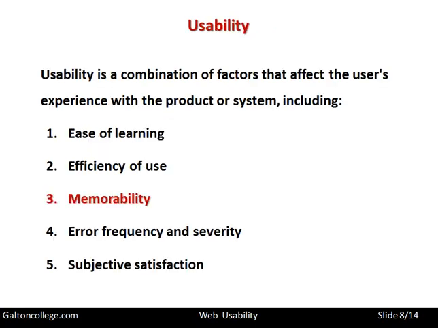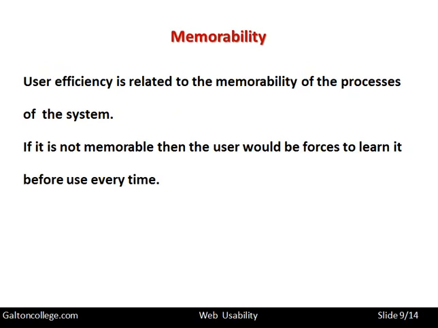Memorability. Well, the user efficiency, I should say, is related to memorability of the processes of the system. If it's not memorable, then the user would be forced to learn every time he or she uses the site.